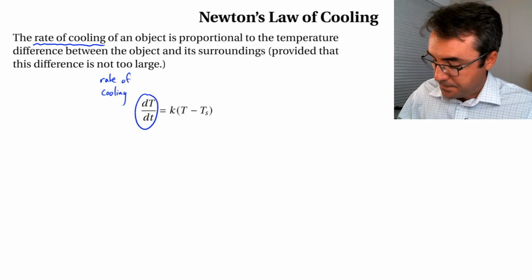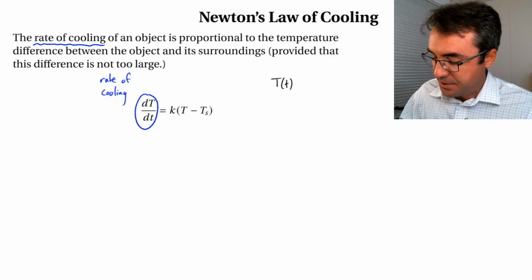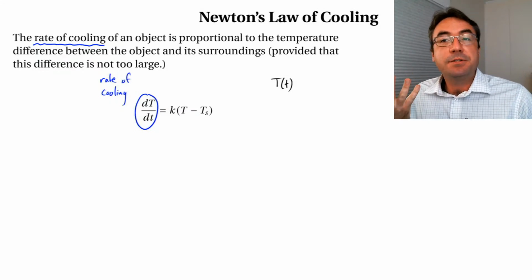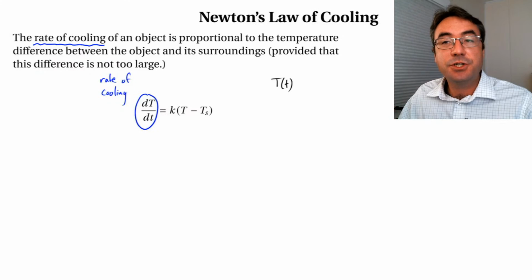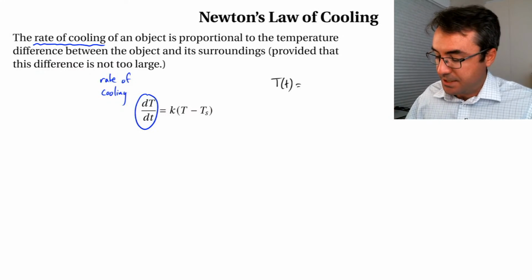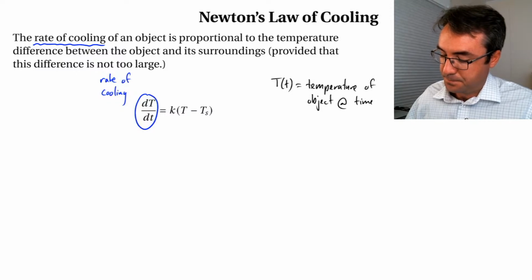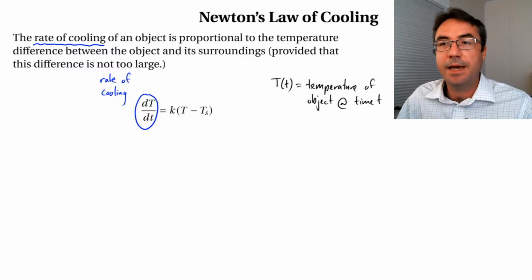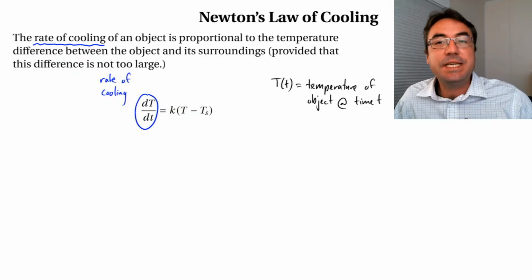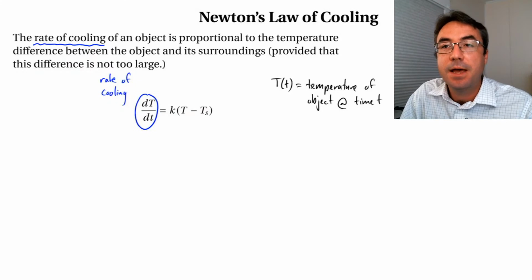So that must mean, and let's state it specifically here, capital T is a function of time, and this represents the temperature of our object that's cooling down at time t. And a lot of times we just use the shorthand, just capital T there in our notation.